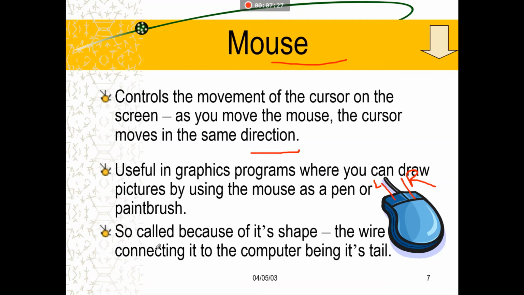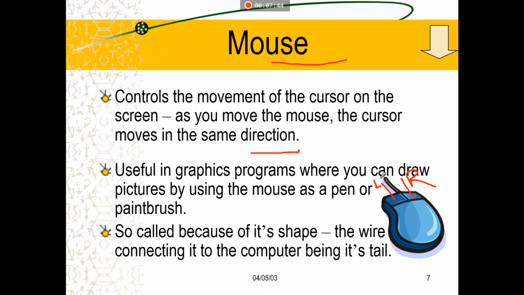It is called a mouse because of its shape, with the wire connecting it to the computer being its tail. The name is like that because the shape is like that, and it has a tail.